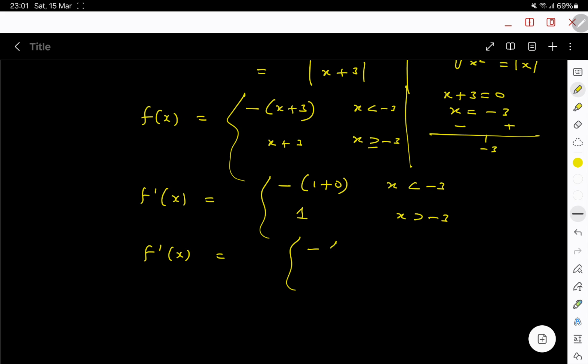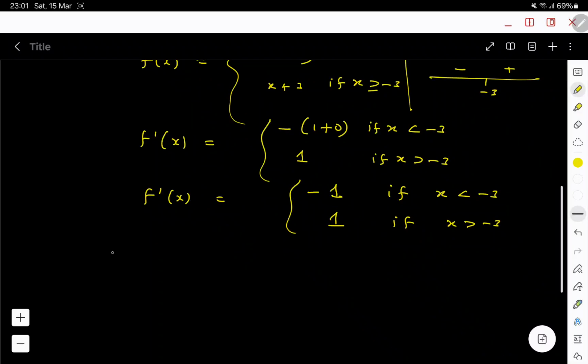So minus 1 if x is less than minus 3 and plus 1 if x is greater than minus 3. Okay. At x equal to minus 3, f dash of x does not exist.